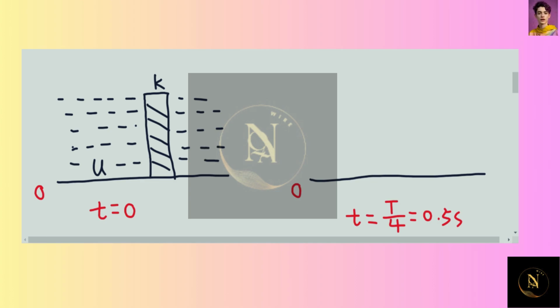And the kinetic energy at this point becomes the total energy of the system. So therefore, kinetic energy should be equal to 0.395 Joule.